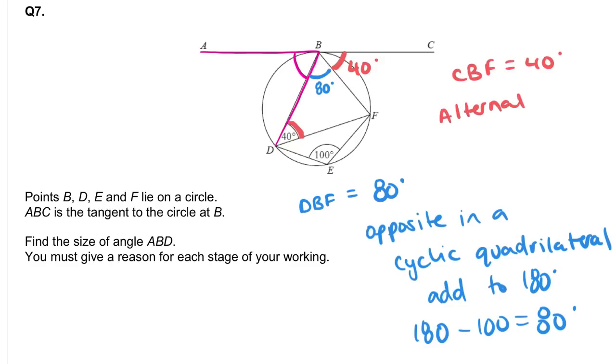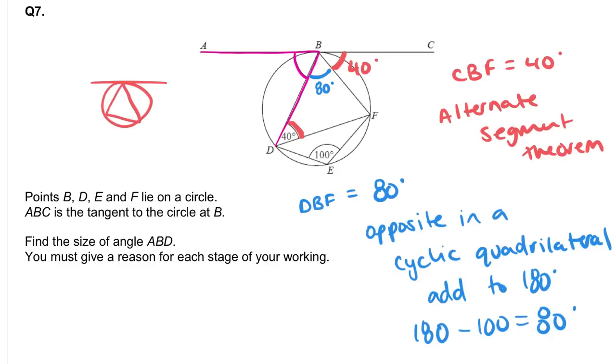And this is because of alternate segment theorem. Okay, so that's another one that we know. Do you remember, guys? It looks like this. It's normally when we have a triangle, and then this angle equals this angle, and this angle equals this angle. So when we have a triangle and a tangent, this is alternate segment theorem.